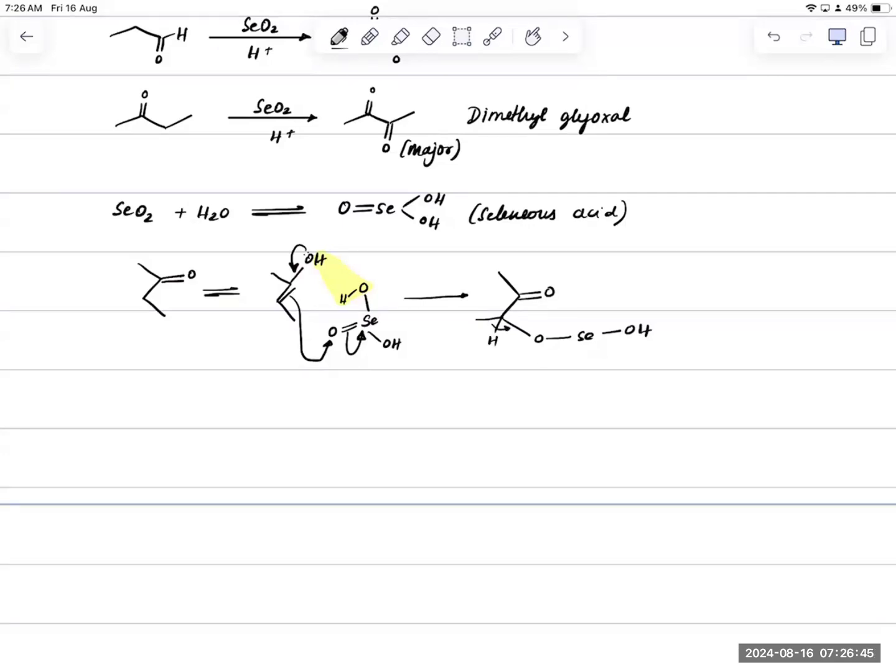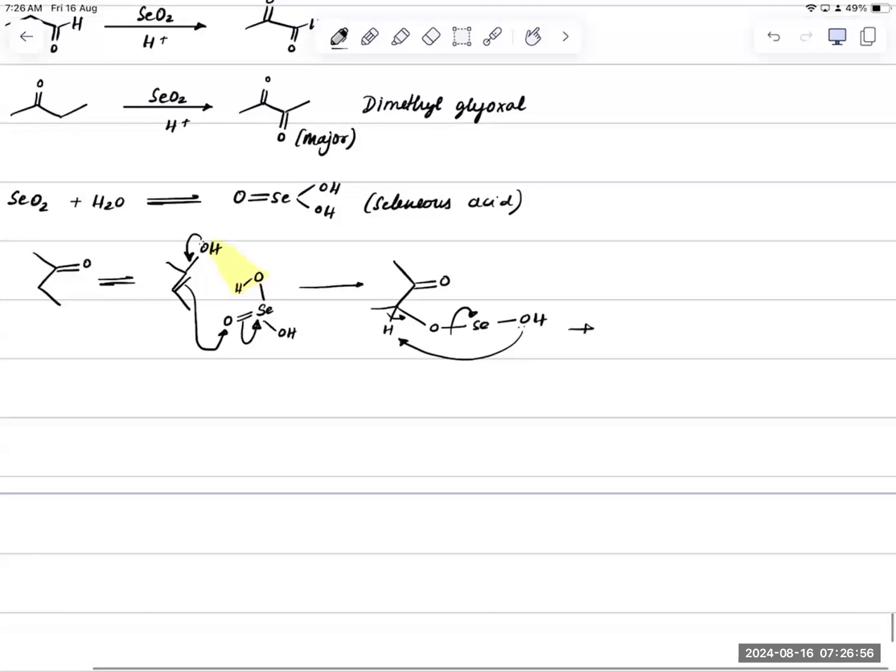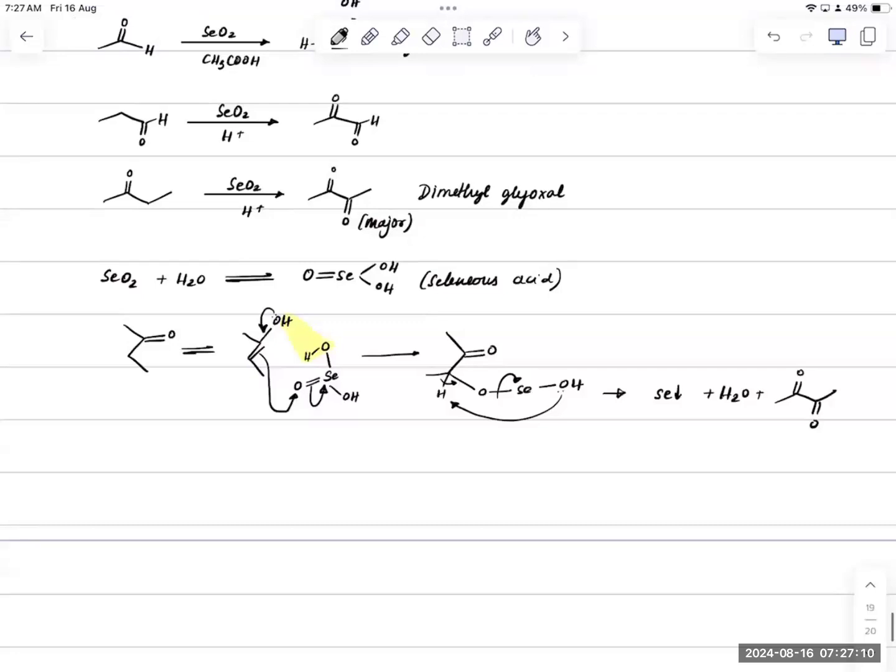This OH will take away this one, and we will get oxygen forming a double bond here. So selenium will take its electrons. Selenium will get reduced and H2O will form, and we will get a double bond O. Typically, this is how the mechanism works. Just for reference, please remember only direct questions are asked. Nothing else needs to be known other than that.